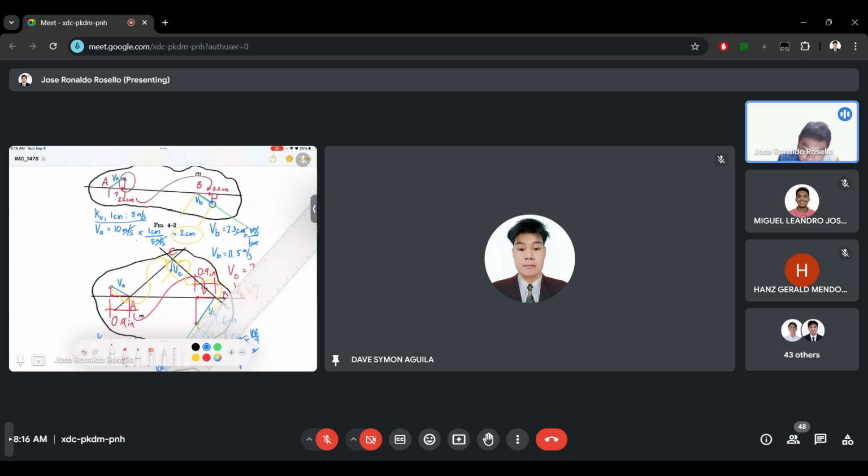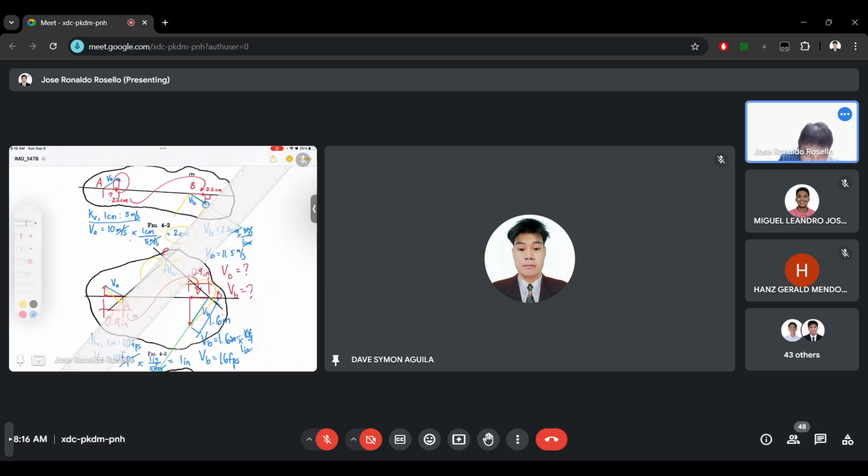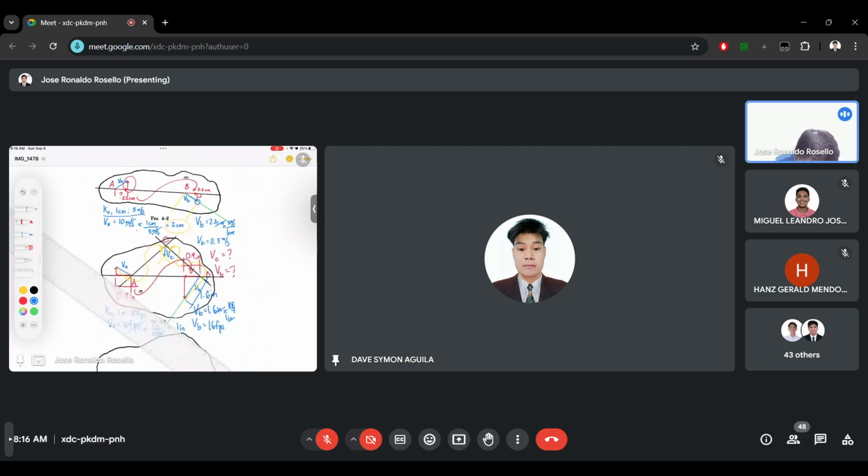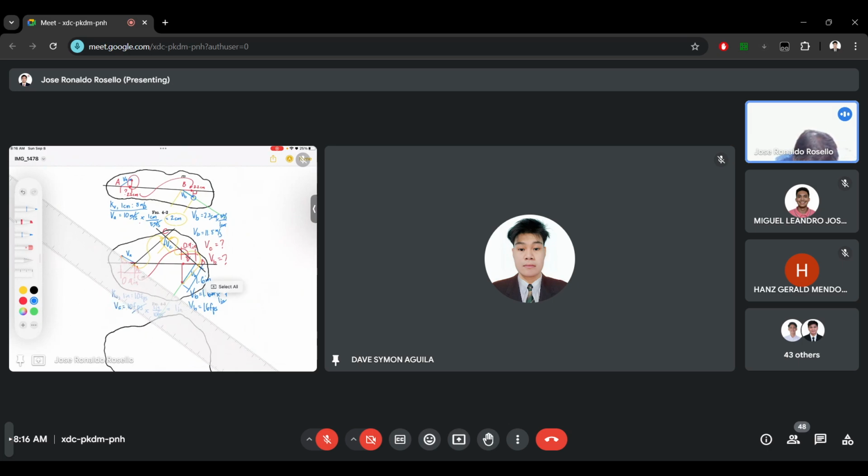Now, let's measure it using our ruler. Let me use the first method of it. Then, find the measurement of velocity C, which is 0.6.